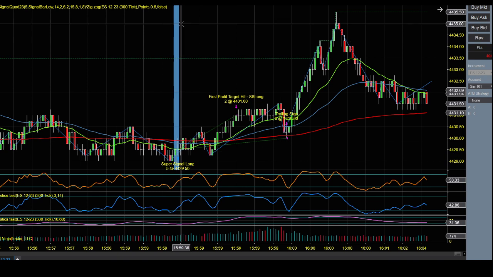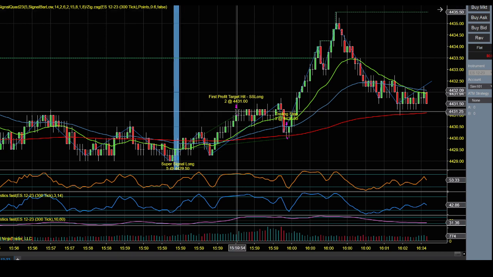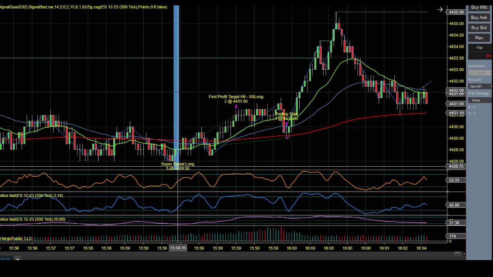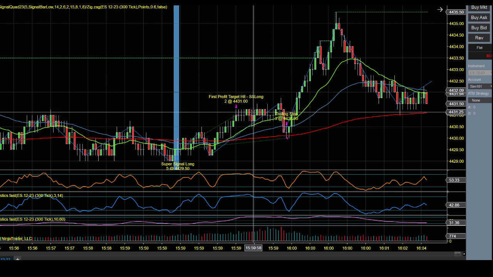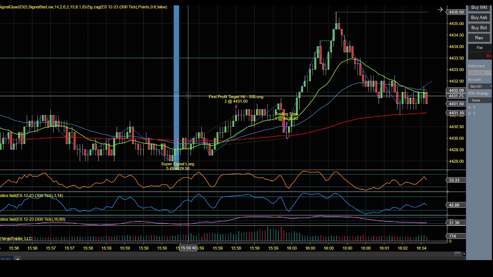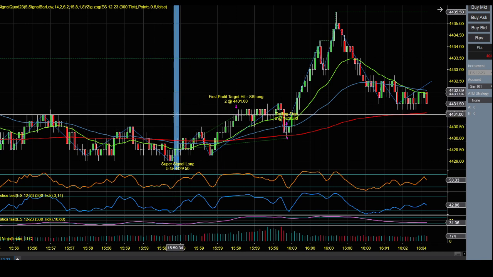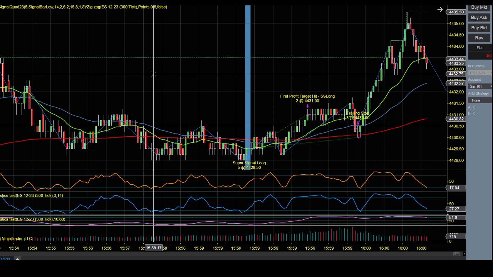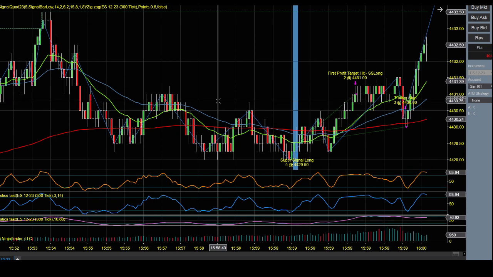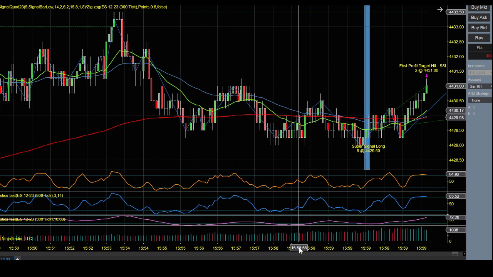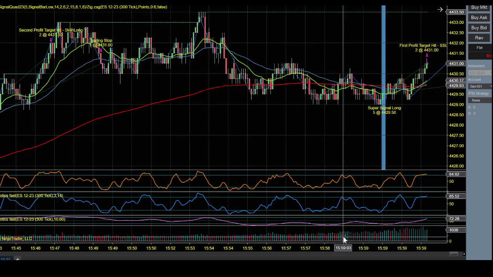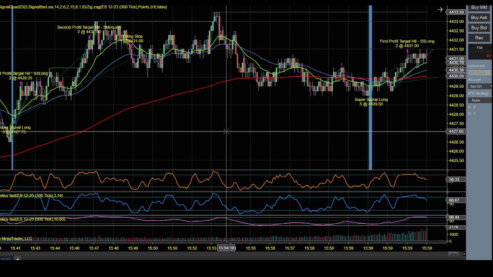Whatever parameters you want to use, you could apply: how many contracts, where you want to put your trailing stops, where you want to put your profits, etc. All right, so we're just going to zoom out and take a look at this. This is actually today's market.